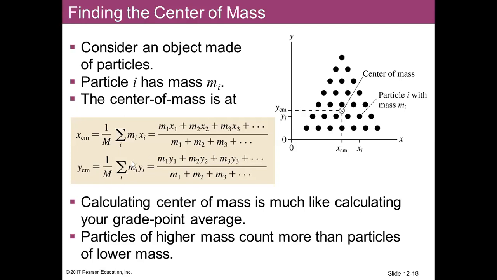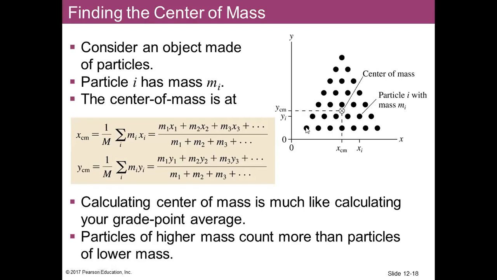We do the same thing with the y coordinate of the center of mass, but now we replace x with y. For example, if this particle is particle i, then yi will be the distance from the x-axis up to the center of that particle.